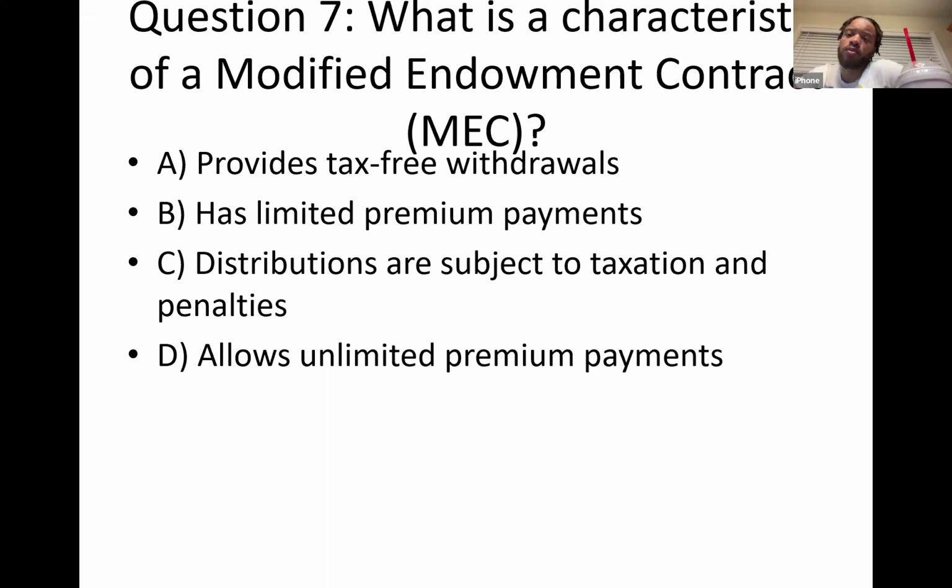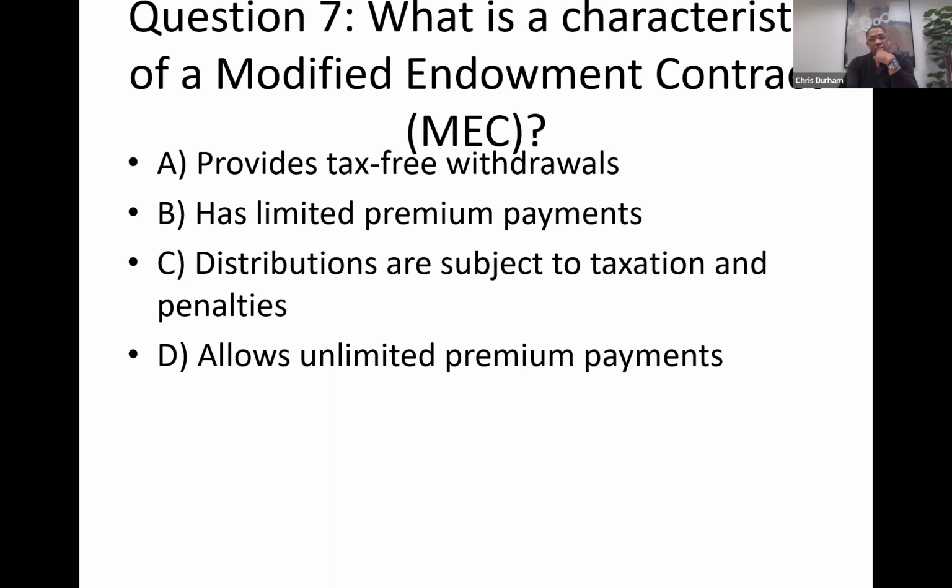You got it? So it's related to universal life when people are overfunding it. Without studying the whole definition, just know that if the question says modified endowment contract or MEC, they want you to know that when a policy reaches that point, you have to pay taxes on the distributions.